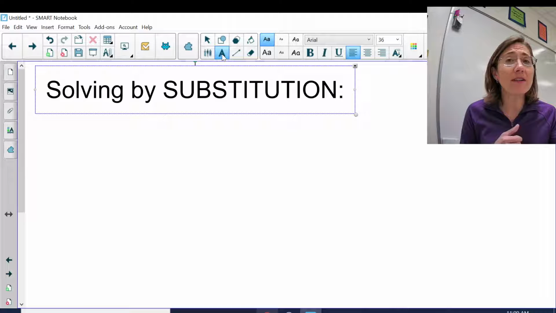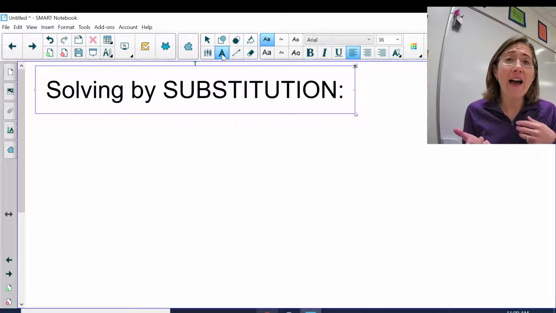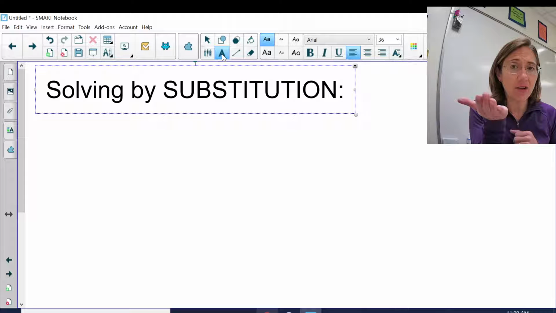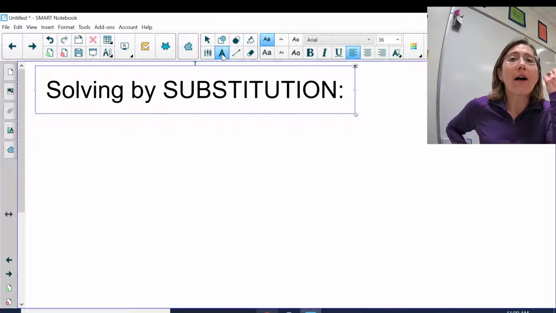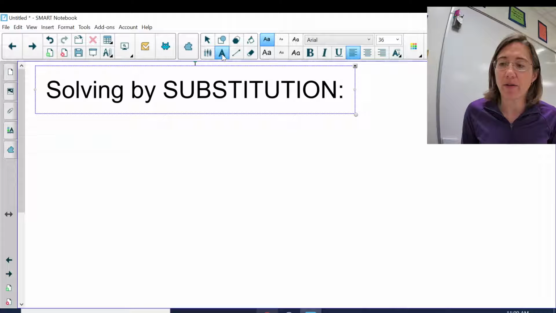If you have a $10 bill and you want to trade it to me for 5 and 5 1s, is that fair? Is that a good trade? Yeah, that's an equal trade. So we can make that substitution. So it has to be equal in value. It might look different to have a $10 bill or a 5 and 5 1s, but it's equal in value. So that's important in this. We have to trade equal values here.